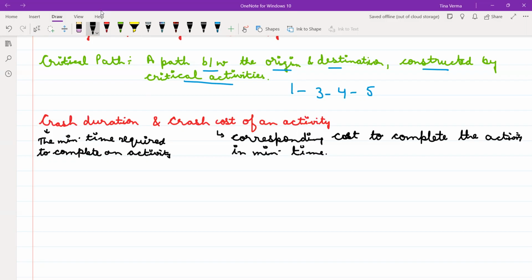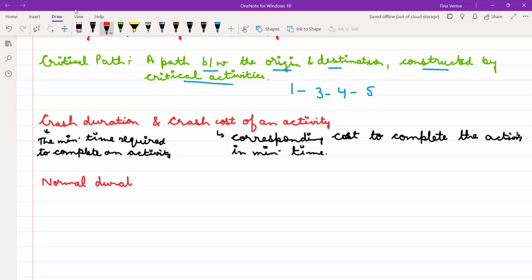But अगर आप कहो कि एक ही दिन में खत्म करनी है, I cannot do, because crash duration is the minimum time it requires to complete that task, right? अगर मैं कह रही हूँ कि एक एक्टिविटी नॉर्मल ड्यूरेशन में 8 डेज में हो रही है, बट क्रैश ड्यूरेशन है उसकी 5 दिन, तो मतलब आप 3 दिन रिड्यूस कर सकते हो, बट आप कहो कि एक ही दिन में वो खत्म कर दो, it is not possible. Is it clear?